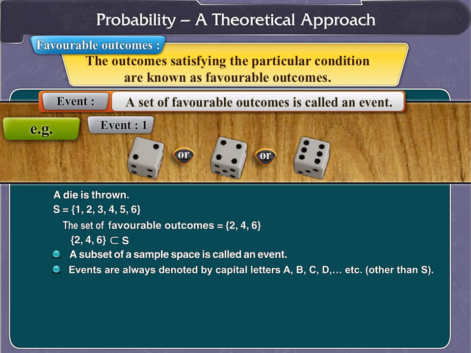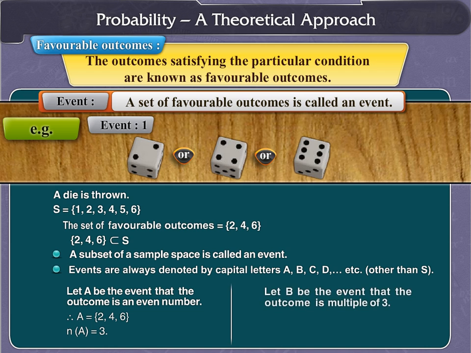Events are always denoted by capital letters A, B, C, D, etc. other than S. In the example considered earlier, if we denote the event of getting even numbers as A, then set A contains the sample points 2, 4 and 6. Thus, the number of elements in event A is 3. We can write it as shown here.